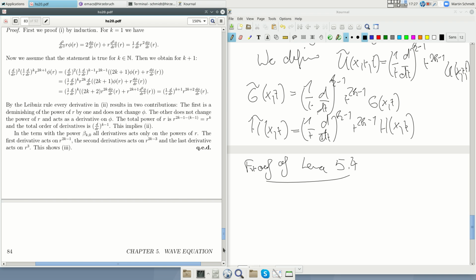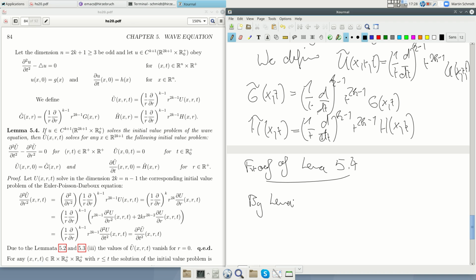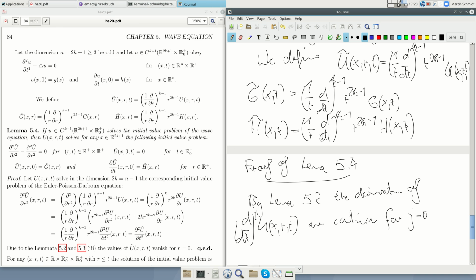So by lemma 5.2, the derivatives d by dr to the j of u of x, r, t are continuous, and we have chosen the k exactly right, for j equals 0 until order k minus 1.